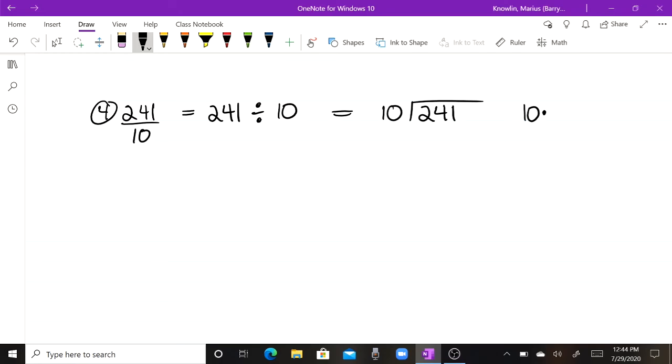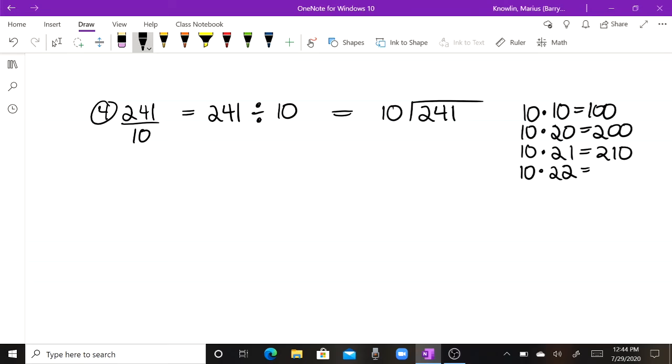So let's go ahead and start with 10. If we know that 10 times 10 is 100. We need to get bigger than that. Well, let's do 10 times 20. 10 times 20 is 200. All right, that's close, but let's see if we can get closer. We can do 10 times 21. That makes 210. If we did 10 times 22, that would make 220.